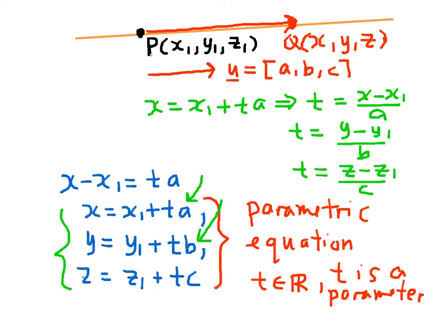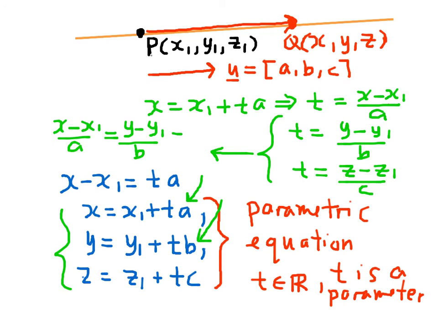All three of them are equivalent to t. In other words, I can write this as follows: x minus x1 over a is equivalent to y minus y1 over b, because both are equivalent to t, and of course z minus z1 over c, which is also equivalent to t.